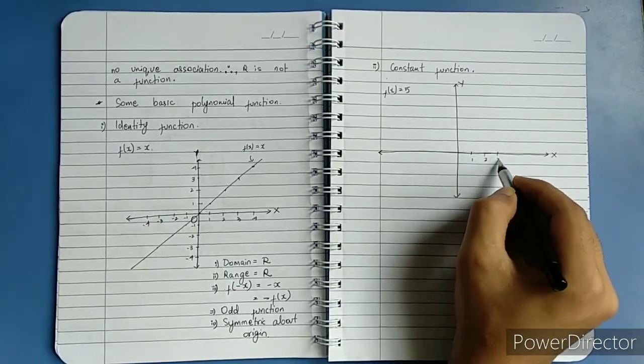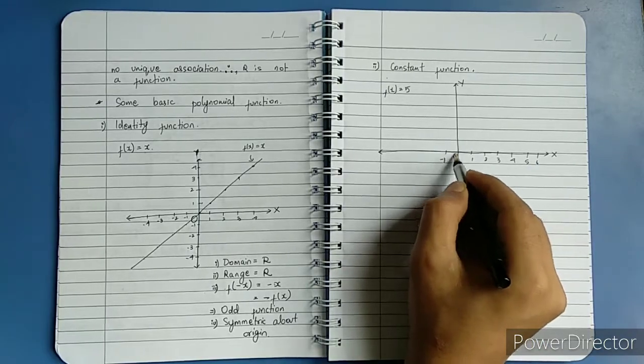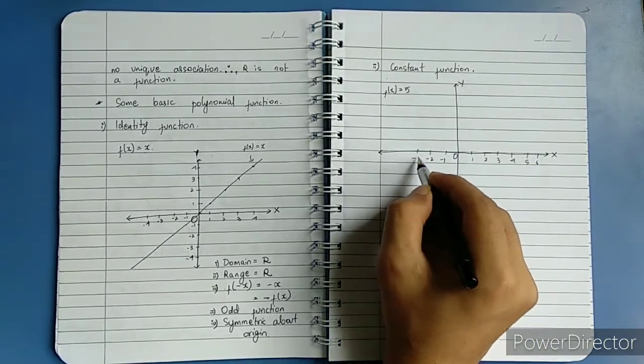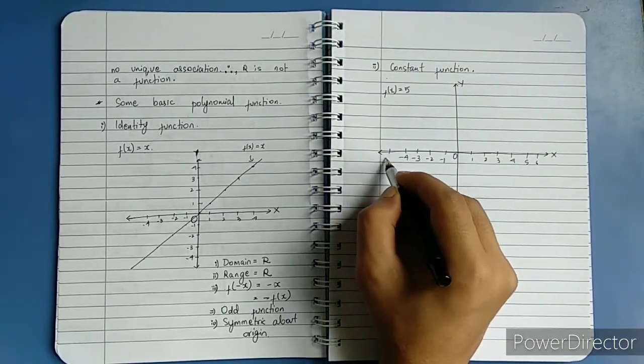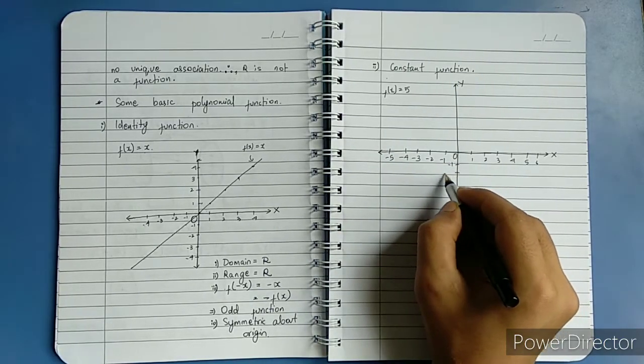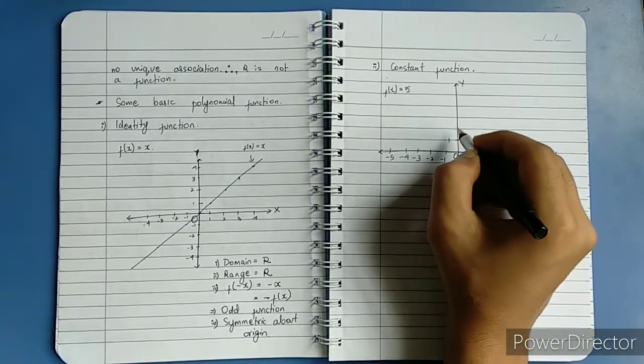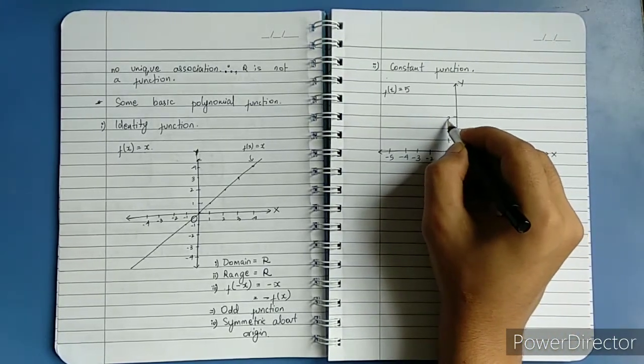One, 2, 3, 4, 5, 6. -1, origin, -2, -3, -4, -5. -1, -2, -3, and so on. 1, 2, 3, 4, 5.